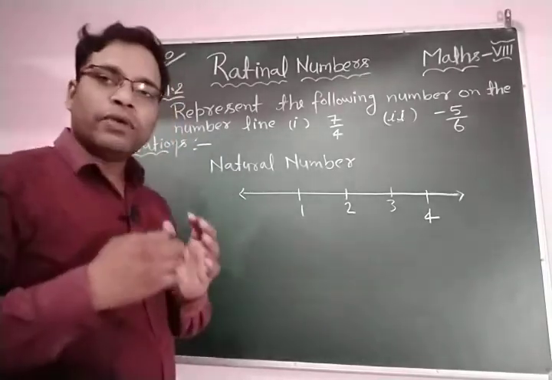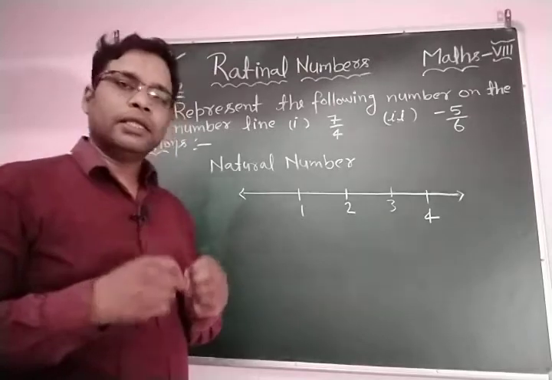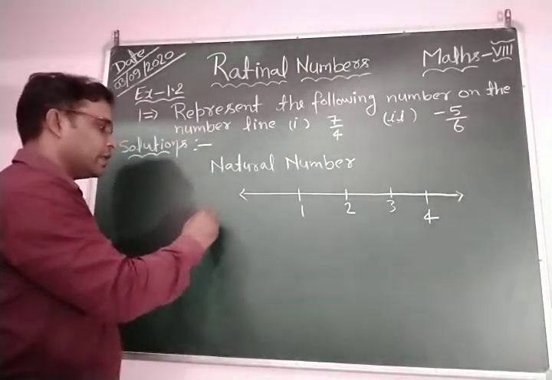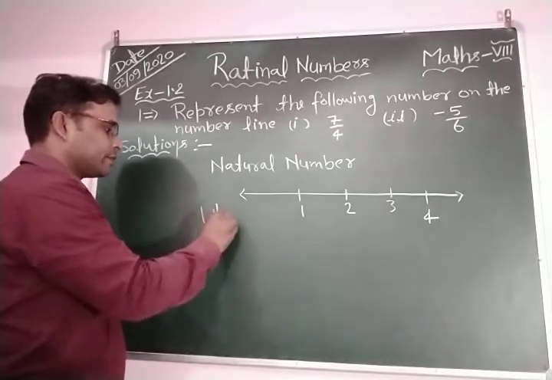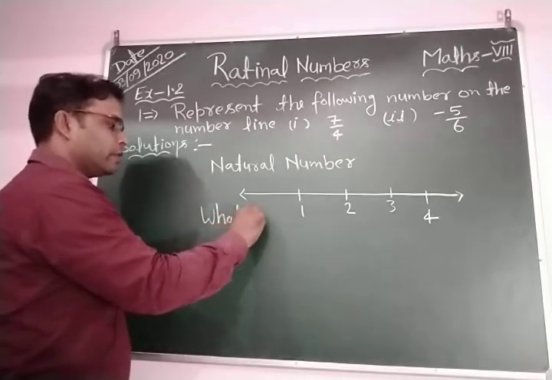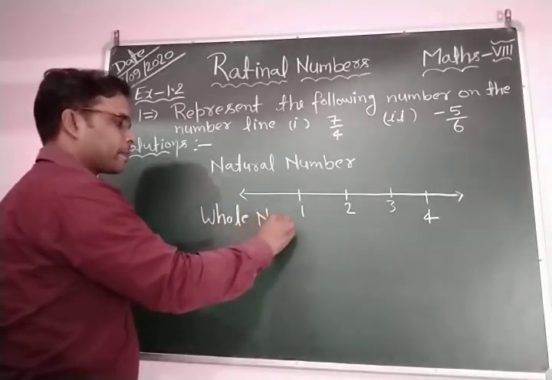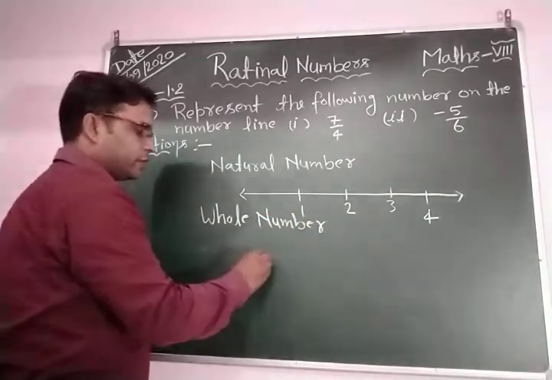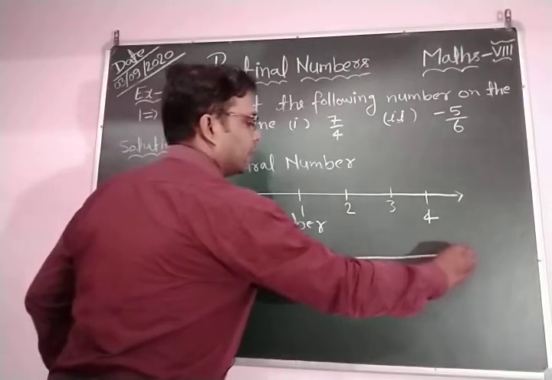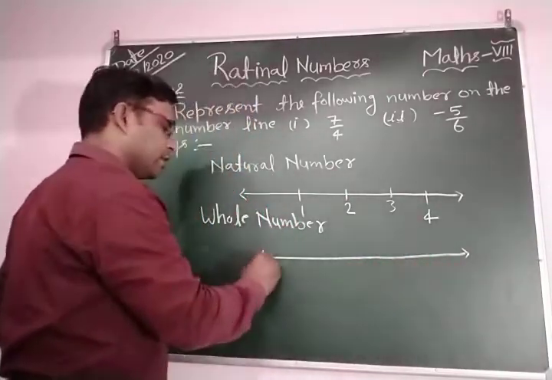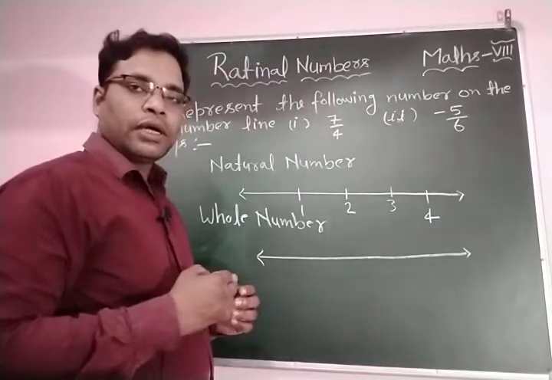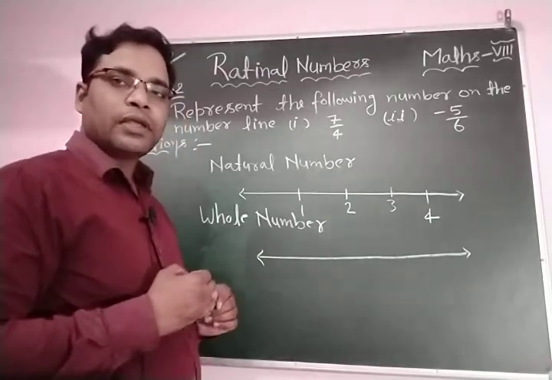And now we are going to represent whole numbers on the number line. You can see this line. When you plot whole numbers on this line, it becomes a number line.